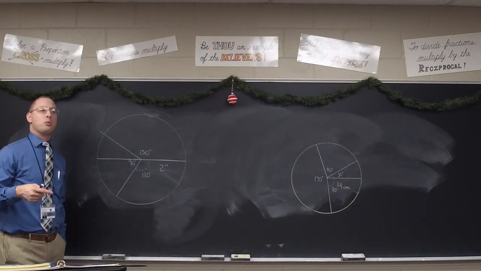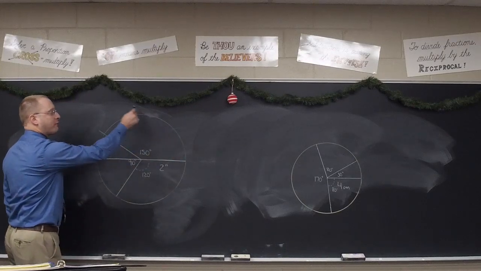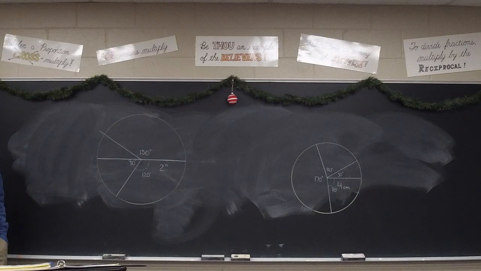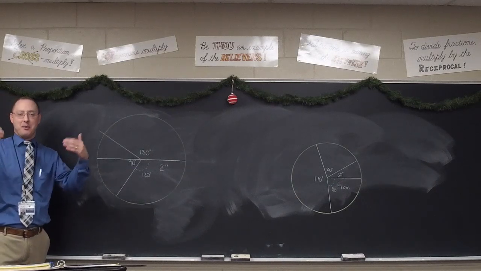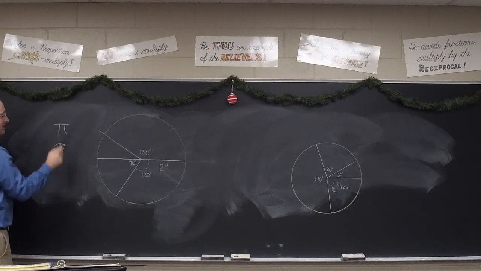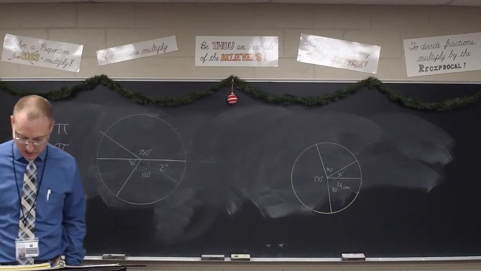And there's a number we use to represent the ratio of circumference compared to diameter. And class, what is that number? What do we call that number? Pi. Now pi looks kind of like this. I've seen it a number of different ways. Hey, as long as there's 2 down and 1 across, I'm not picky what you curve and what you don't curve, okay? If you want to see what it really looks like, it's there in your textbooks.